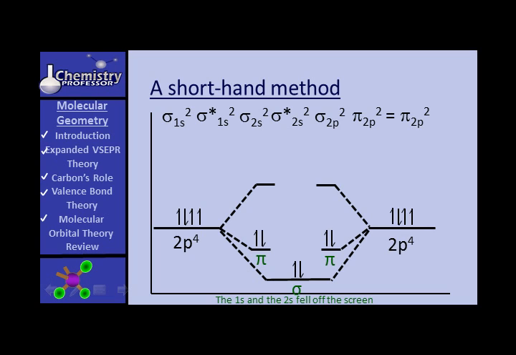So what we do is we say we have a pi from the 2p with 2, which is equivalent to the other pi from the 2p with 2. And then up here we have unpaired, unshared electrons, and these are in pi antibonding orbitals. So we have degenerate pi antibonding orbitals from the 2p, each with 1. Now this is a shorthand method that you can use to go up the energy scale by writing these out lengthwise. And that will give you a quicker way of denoting these energy levels that we've been doing that take a bit more space.